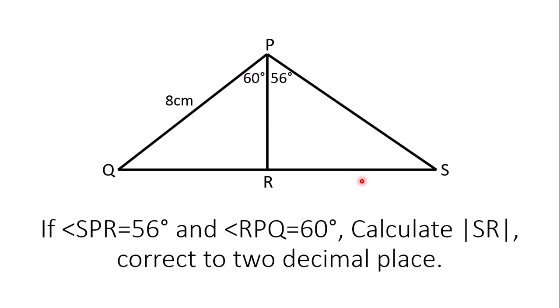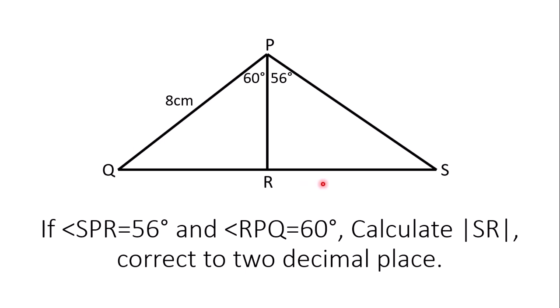But this side wasn't given. This side too wasn't given. PR too wasn't given. So how are we going to find this side?